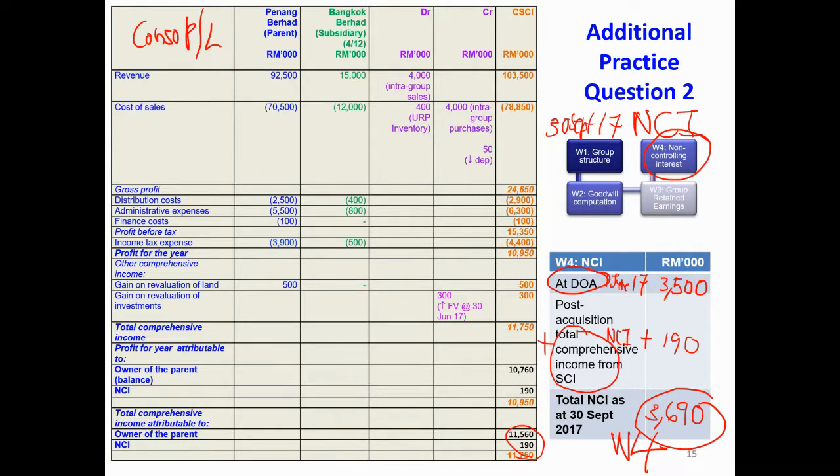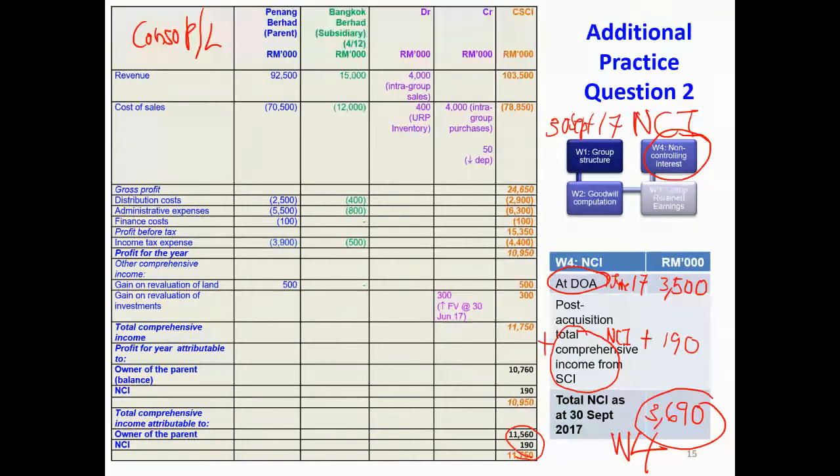Okay, finally, we finish from A all the way to the remaining 20%. So that remaining 20% is you are supposed to prepare your consolidated balance sheet. Can you believe it? We start from the beginning, group structure, all the way up to working number 4.